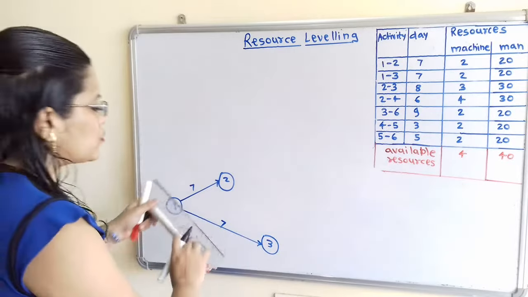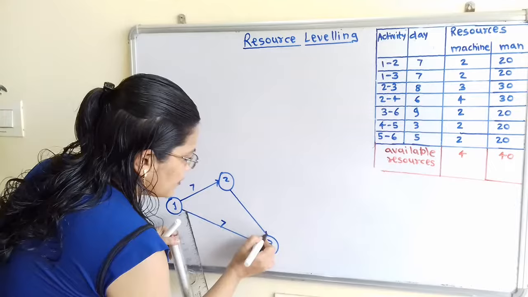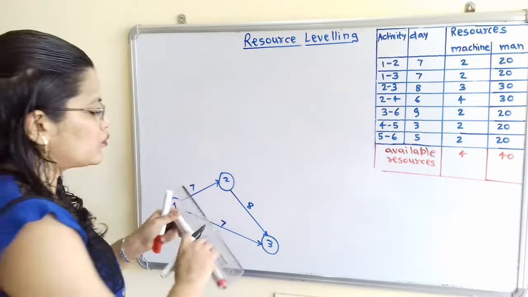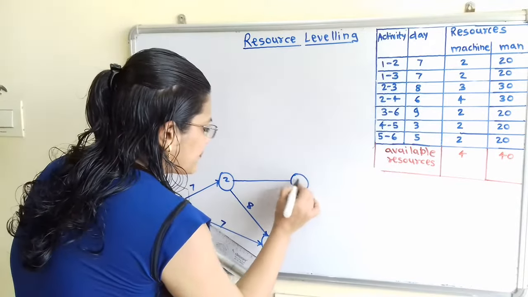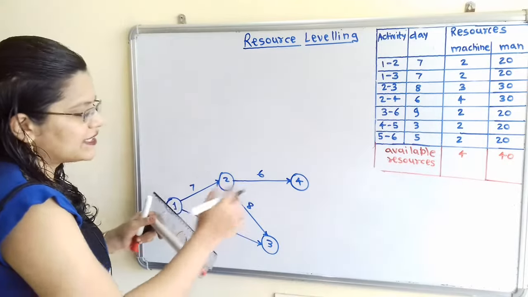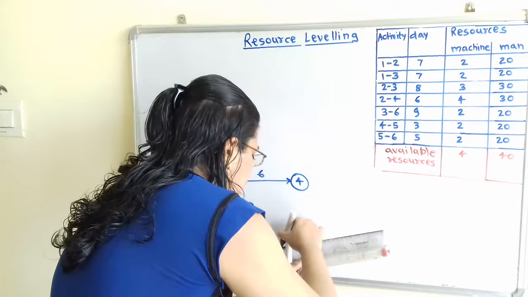Next will be 2 to 3, so I will join these nodes 2 to 3. The duration is 8 days. Next is 2 to 4, so we have to show node 4 here, and for 2 to 4 the duration is 6 days. Then 3 to 6, so we have to show node 6 here.